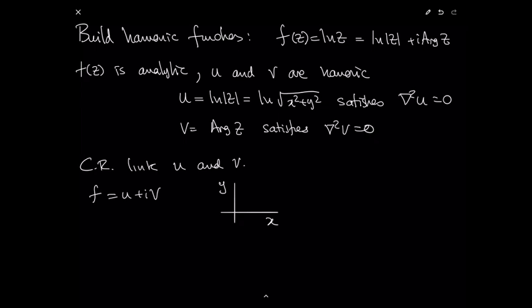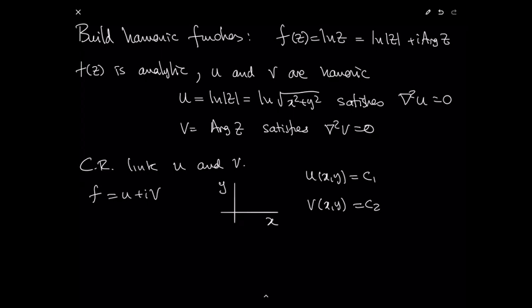Given this function, I want to look at curves which satisfy u equals a constant, v equals a constant. Just to remind you, u of x y equals a constant, that's a curve, v of x y equals another constant, okay?